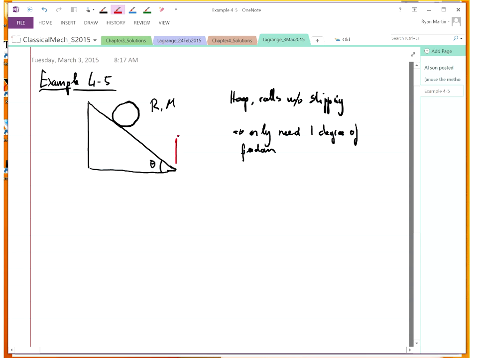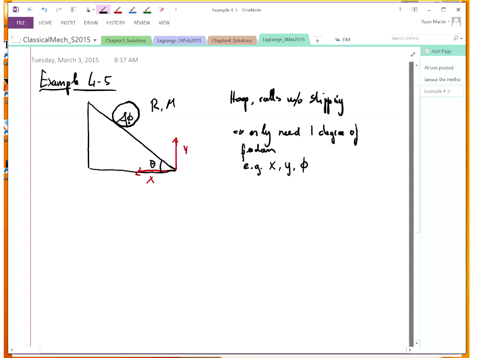So let's talk about degrees of freedom. We should have a coordinate system. So let me have x go to the left. So possible degrees of freedom that we could use: simply the x position of the hoop. We could use the y position of the hoop.